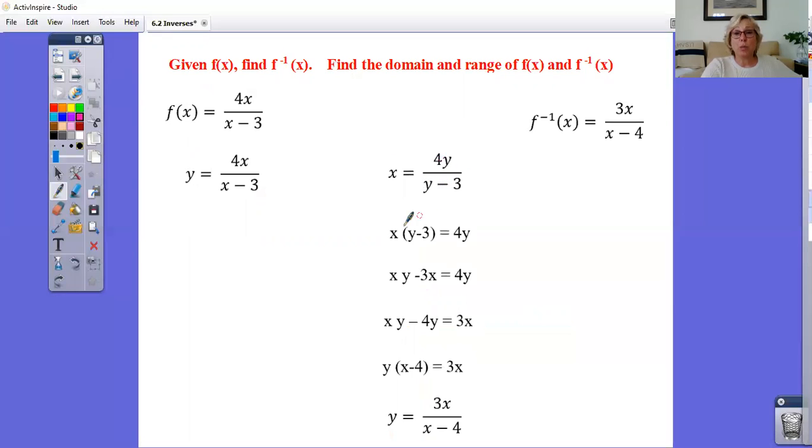I will distribute this x, and I have xy minus 3x on this side. Now, any term that has a y must be on the left side. This term stays. This term moves to the right. This term moves to the left. Factor out your y. You're left with x minus 4, and you divide that away, and there's your inverse function.